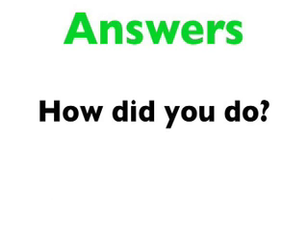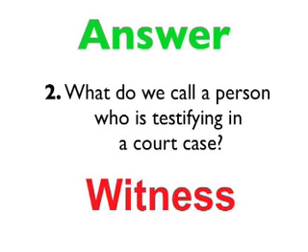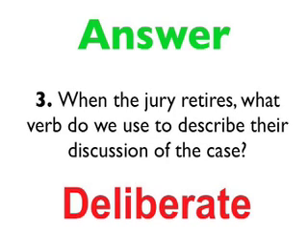Okay, how did you do? The answer to number 1 is solicitor. The answer to number 2, a person who provides testimony in a court case, is called a witness. Question number 3.